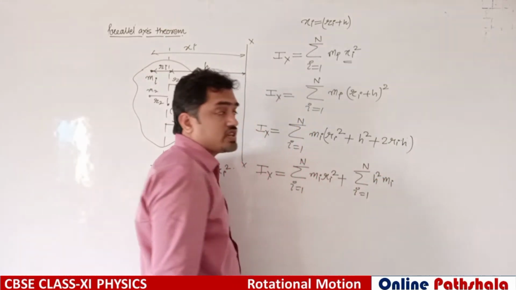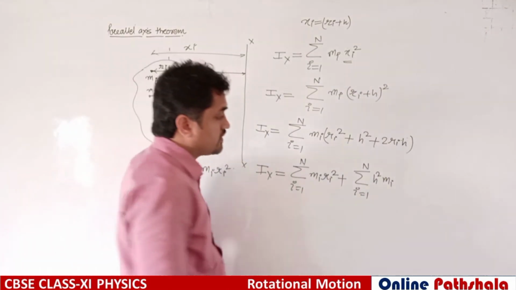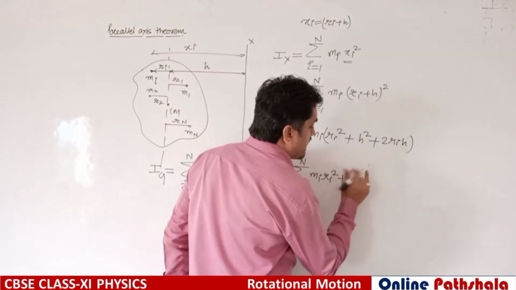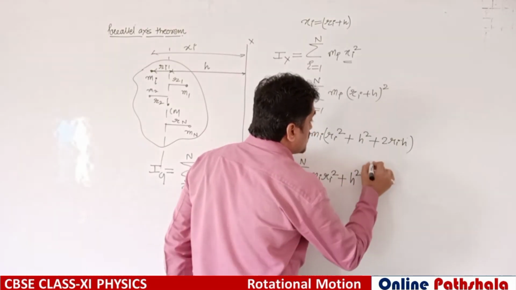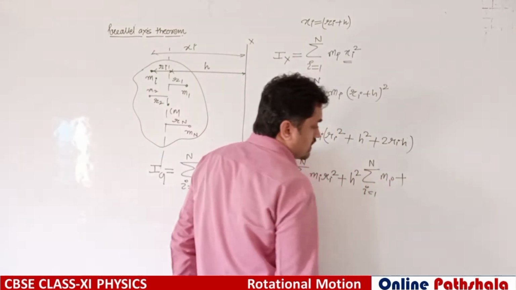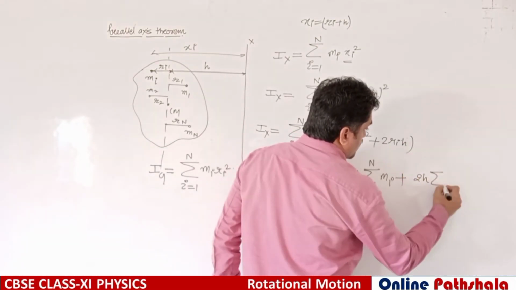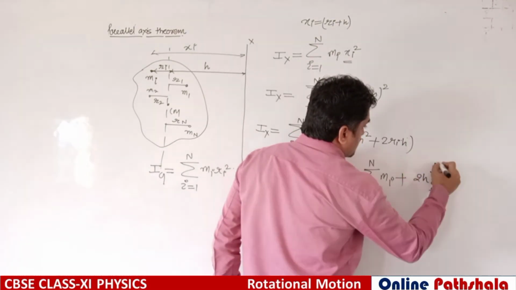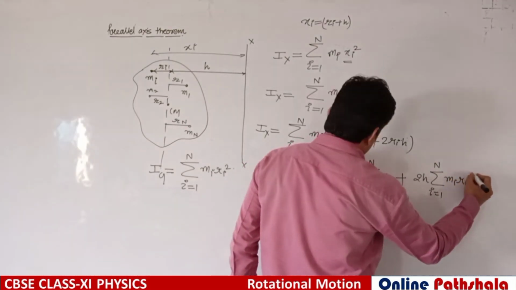Since this h is constant, not depending on i, we can take it common. So what we can write? We can write h square summation i equal to 1 to n of mi plus this 2h also common, summation of mi ri, okay.